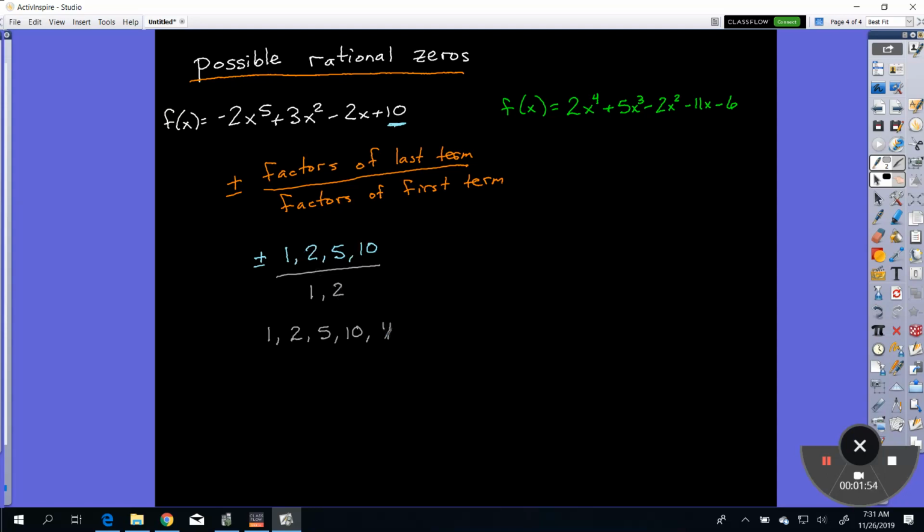So 1/2. 2 divided by 2 is 1, which I already have written. 5 halves. And 10 divided by 2 is 5, which I already have. So plus or minus. So now you have narrowed down your choices of what could be factors to 1, 2, 3, 4, 5, 6 times 2, because plus or minus. So you've narrowed it down to 12.